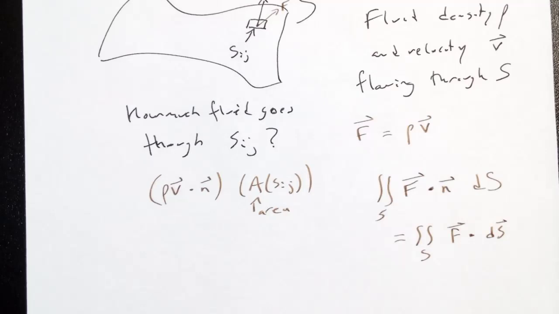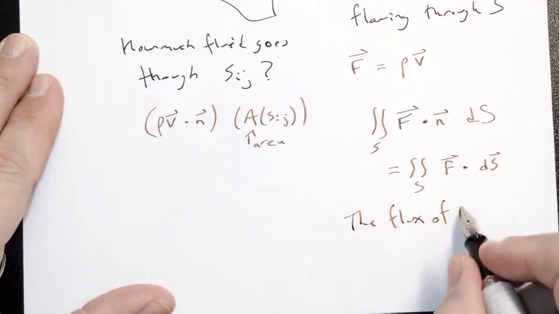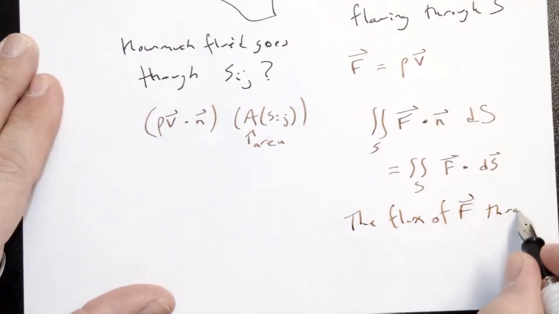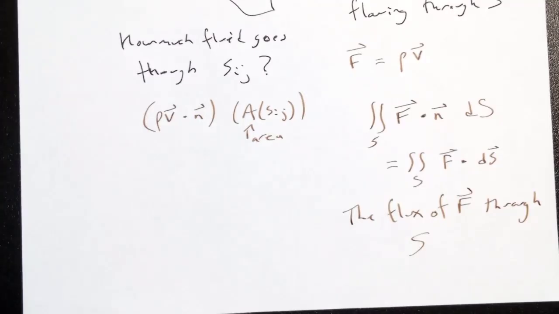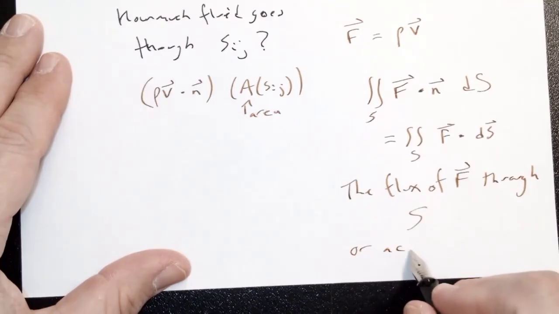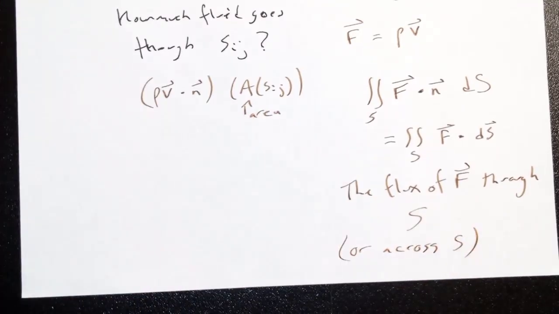We're going to call this, I'm thinking about how much goes across this, flux. We're either going to say through S or across S, depending on which book you're looking at.